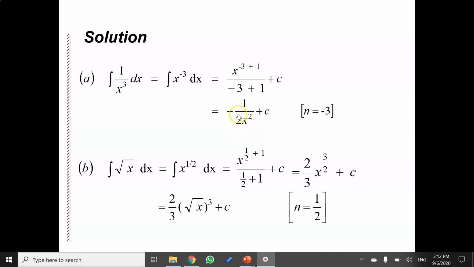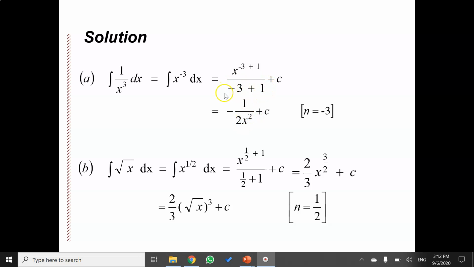Why do you have negative 1 over 2 over here? Because when you simplify x to the power of negative 3 plus 1, you will get x to the power of negative 2, right? And x to the power of negative 2 is actually equal to 1 over x squared.